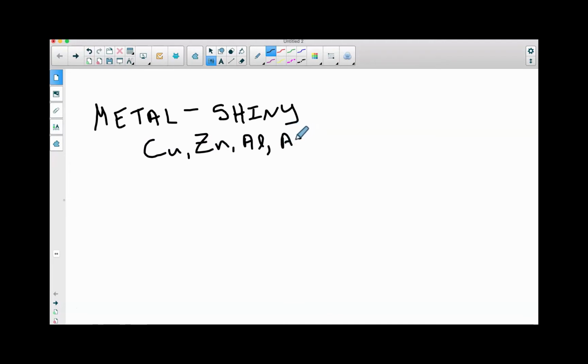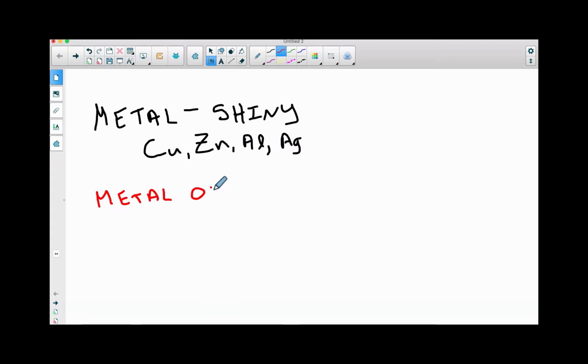If you have one of these showing up just on its own in a reaction equation, you're going to expect to, in the lab, observe something a little bit shiny. It's not always exactly true. Sometimes when the metals are in certain forms, they aren't as shiny. It's more likely when they are a reactant that you're going to see that shininess, but it's something you can look for in general.